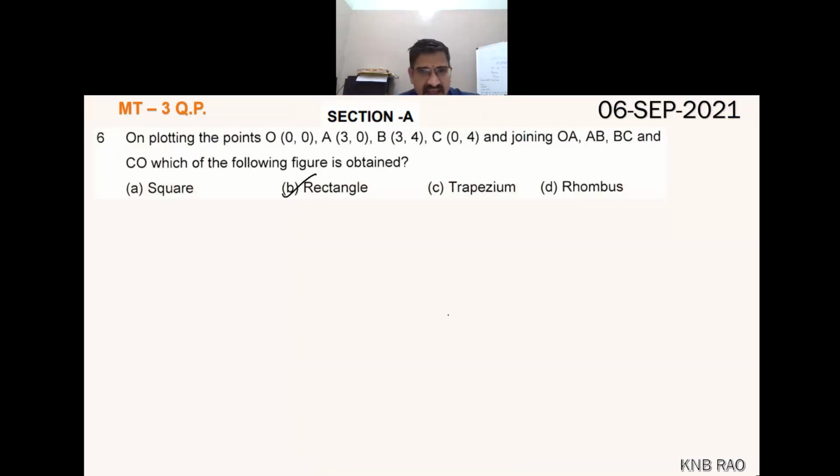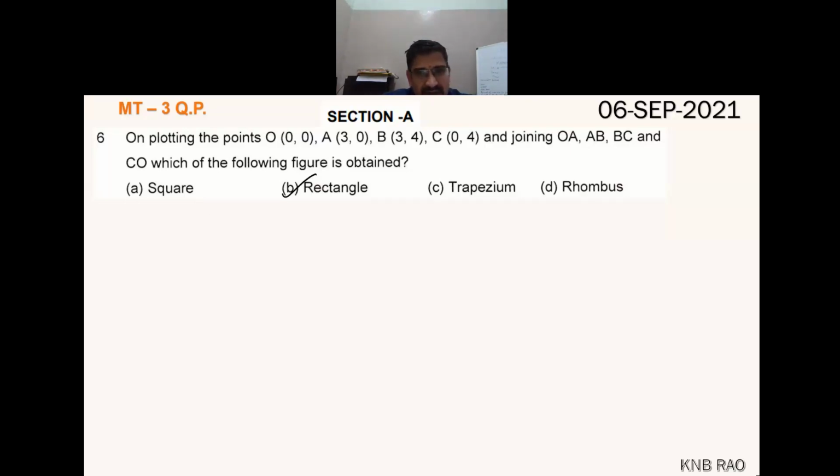Okay, some children have made it a square and one has given rhombus. It cannot be a square because the units are not the same. Opposite sides are only equal, not all sides are equal. So you need to watch carefully.